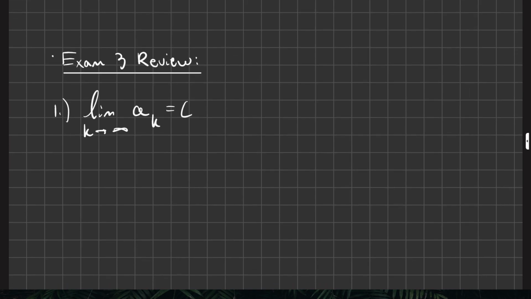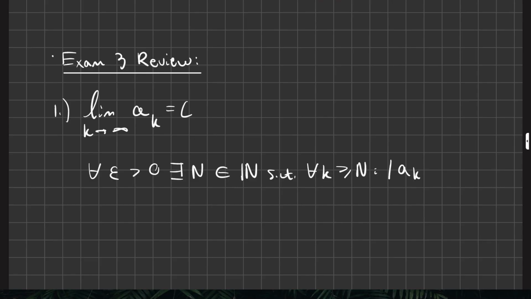And something we went over in class, but is not necessarily required, is this means that for all epsilon greater than 0, there exists a natural number n such that for all k greater than or equal to n, the distance between a sub k and L must be less than epsilon.